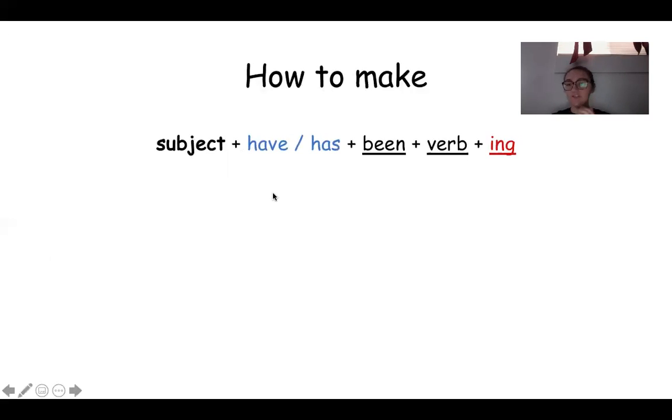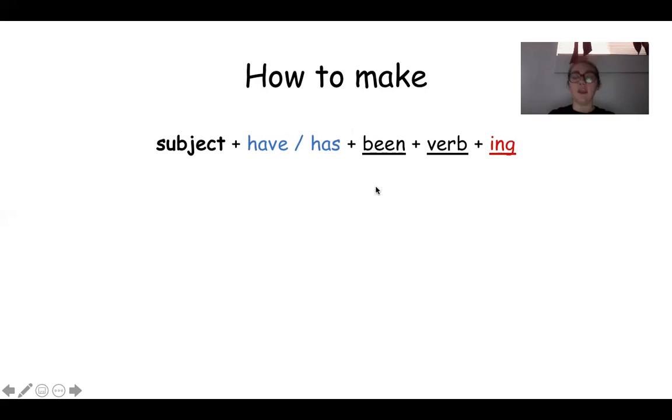So you have your subject, you use have, has, just like in present perfect tense or past perfect tense. But instead of picking a verb and then changing it to its past participle, we just use the word been, sometimes pronounced "bin." And this is the past participle of the verb be, right?